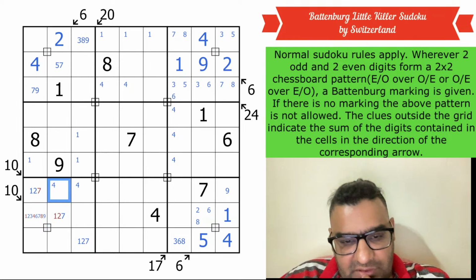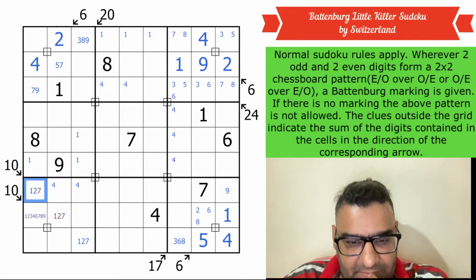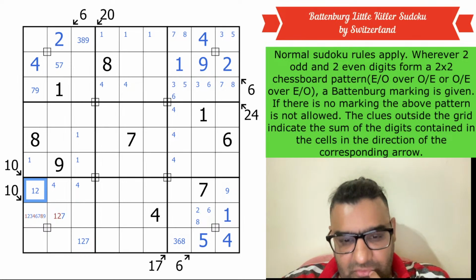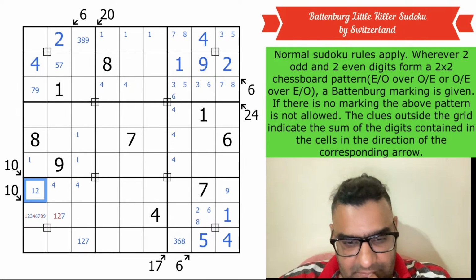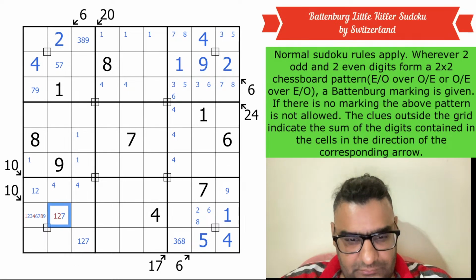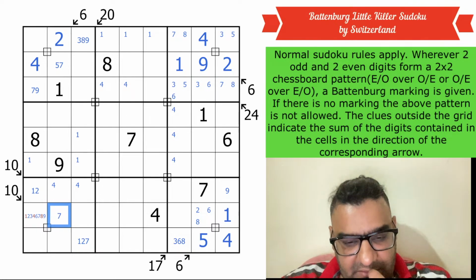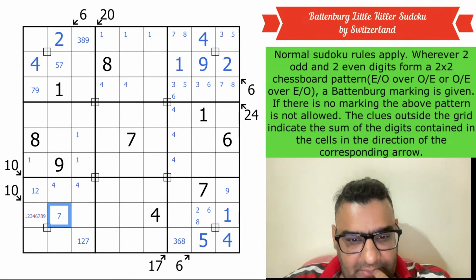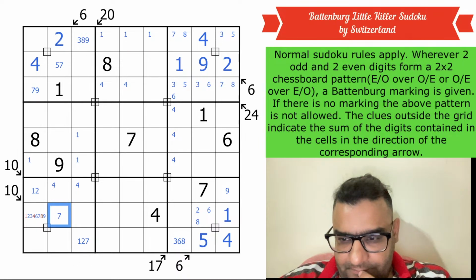Okay, we already know 7 cannot be here. 7 could be in any of these here. 1 cannot be here, and 2 cannot be here. So it means here it is 7.